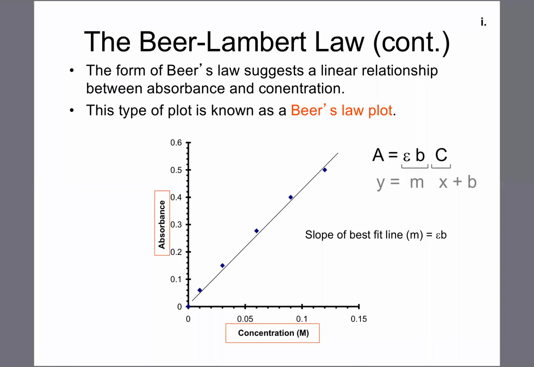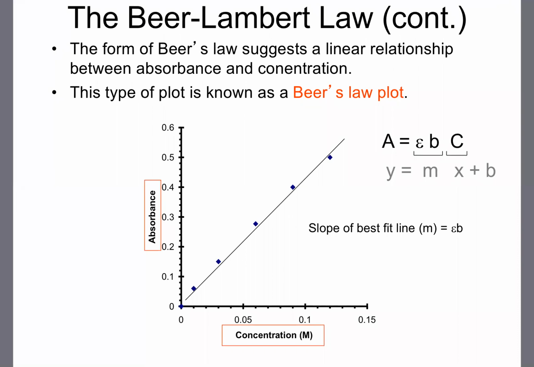That's kind of when I go through that. It's sort of interesting to me, always been sort of cool. Now that we're on with this Beer-Lambert law, A is equal to epsilon b c. What can we do with it? Well, we can do all sorts of quantification of analyte. Because the absorbance of our light absorbing substance is proportional to the analyte concentration, linearly proportional.